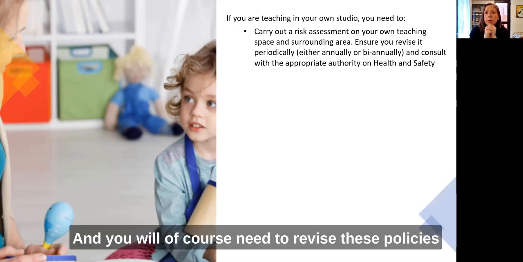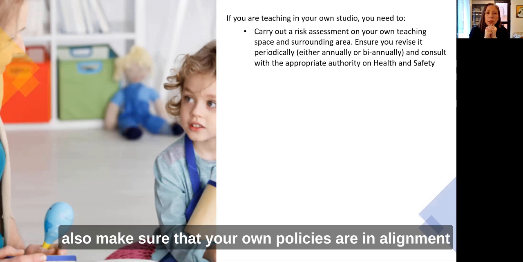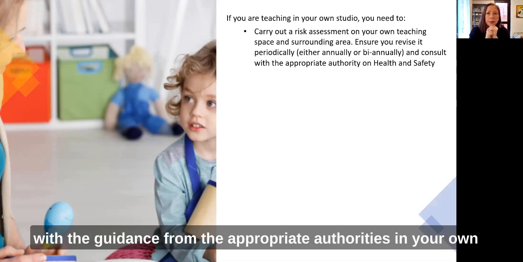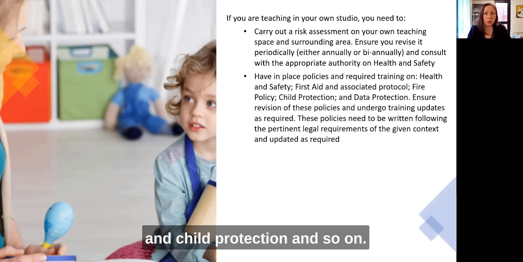And you will, of course, need to revise these policies periodically, either once a year or twice a year, and also make sure that your own policies are in alignment with the guidance from the appropriate authorities in your own country and context in all matters, including health and safety and child protection and so on.